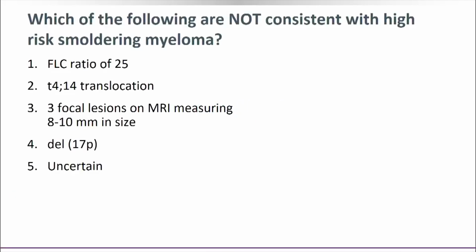A free light chain ratio if it came back more than 25, 414 translocation, if the MRI showed 3 focal lesions, 8 to 10 millimeters in size, if the FISH showed deletion 17p, or uncertain. Which of this is not consistent with high-risk smoldering multiple myeloma? Please vote.